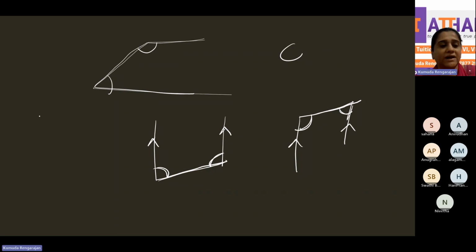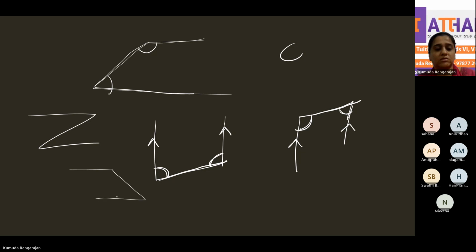So alternate interior angles are in this kind of a shape, Z or Z rotated. Co-interior angles, it can be like this also. This one and this one, co-interior angles, allied angles.